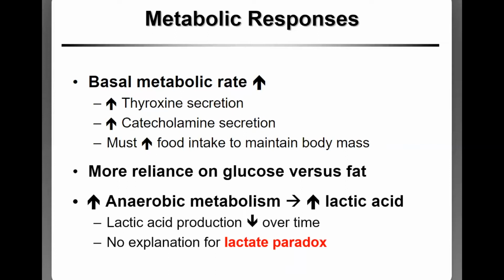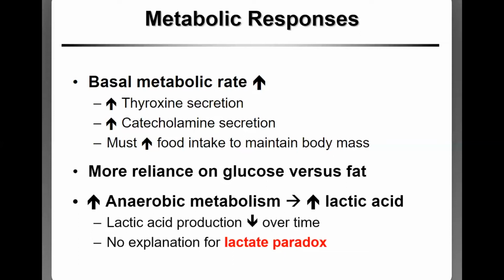So since we have this shift or heavy reliance on anaerobic metabolism, we would be led to believe that lactic acid would increase. However, what happens at altitude is lactic acid production decreases over time. And this is what we call the lactate paradox.